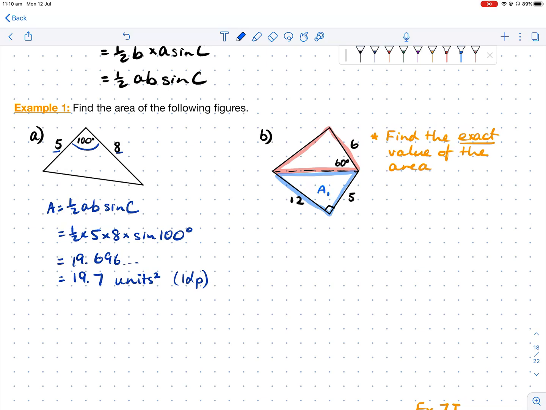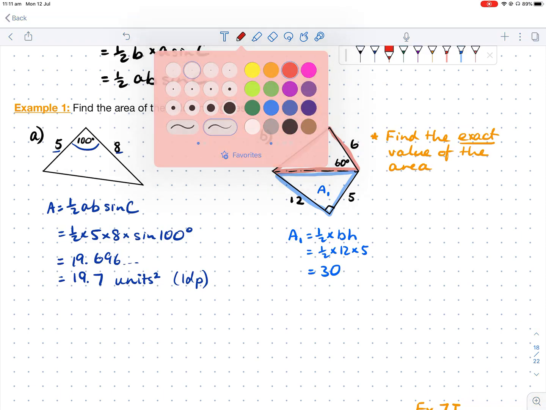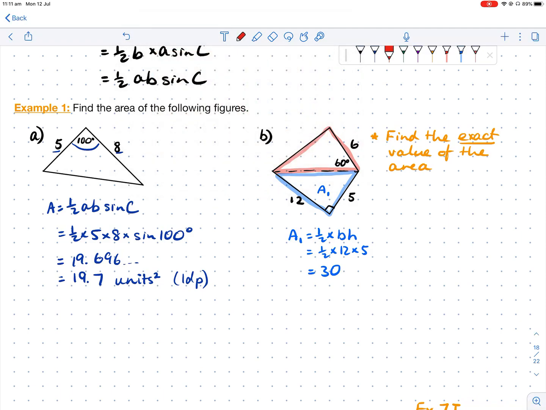If I call that A1, A1 is half times base times height, which is half times 12 times 5, which is 30. When we go to look at the red shape, we've got our angle here and our side 6, but what we also need is this side here.